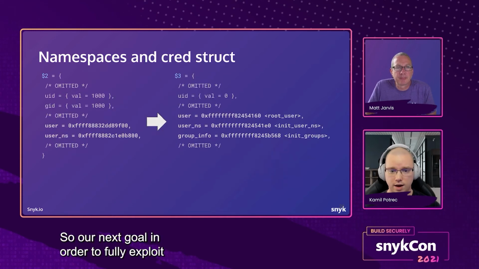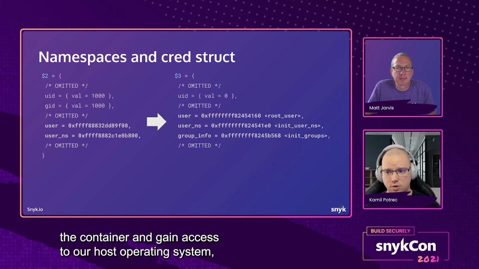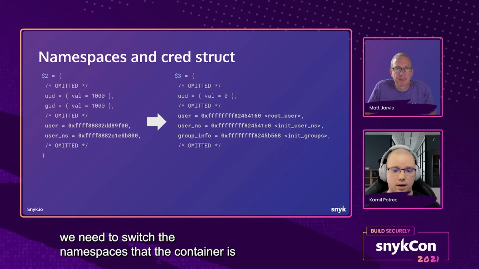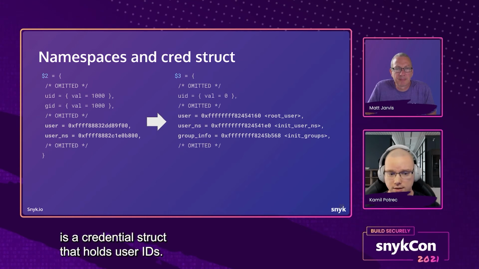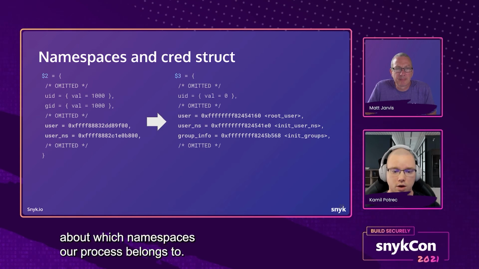So our next goal, in order to fully exploit the container and gain access to our host operating system, is to switch the namespaces that the container is running in. As we previously described, there is a credential struct that holds user IDs. The same struct contains information about which namespaces our process belongs to.